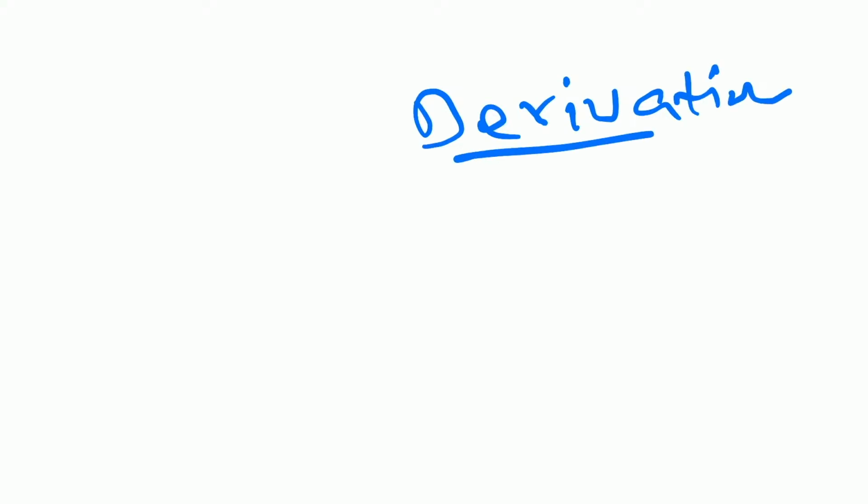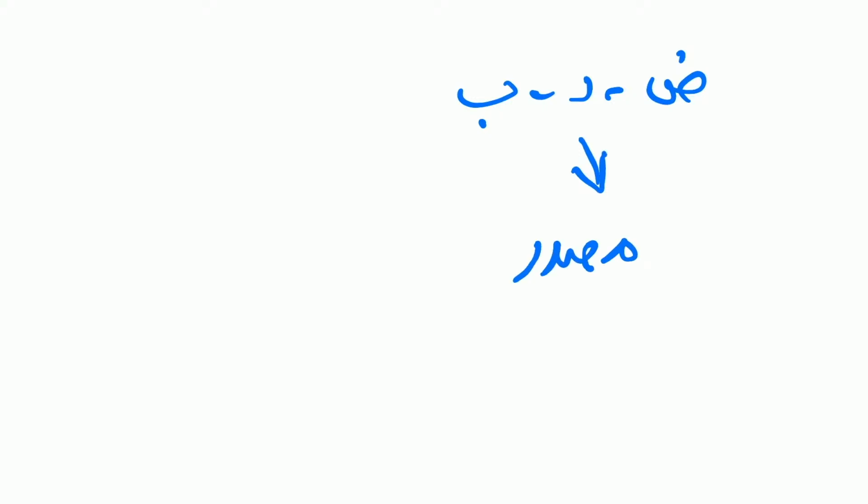If there is a root word, like when we connect dwad, ra and ba, the very first thing that comes into existence from combining huruful mabani we call masdar. That masdar is the mother, the root word. For example, we get dwarbun. Dwarbun means to beat.